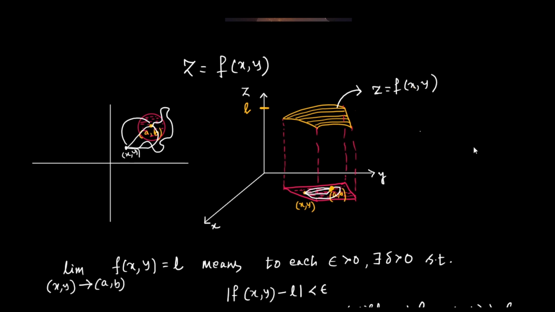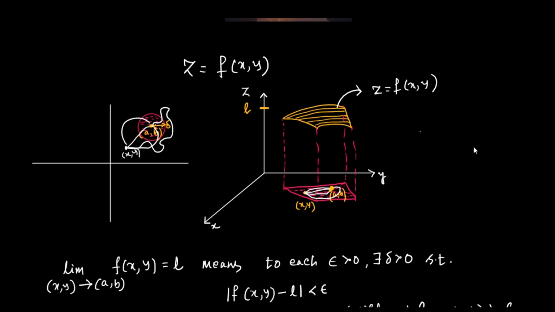If I say this delta, that is the radius, is very small, that means whatever path it takes to come to this neighborhood, if xy falls in that neighborhood, we can say very clearly that xy has come arbitrarily close to AB.